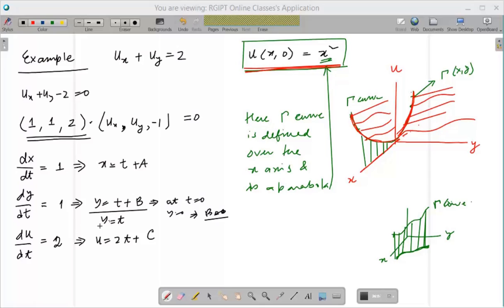So what I am left with is x equal to t plus a, y equals t, and u equals 2t plus c.